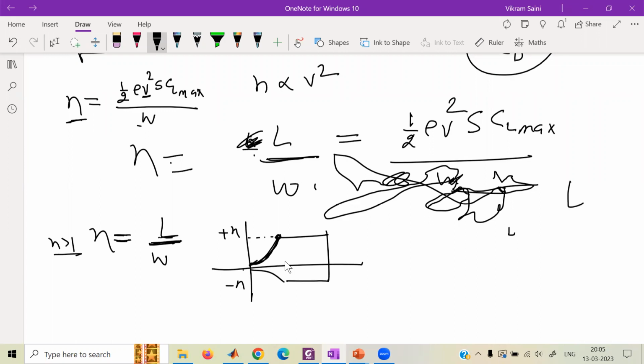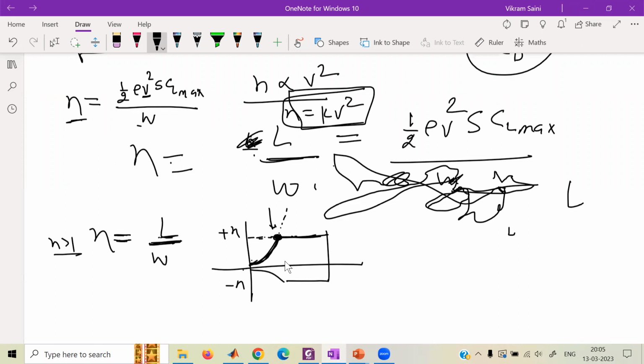Something will break. So that limit is imposed by structure. You impose that limit and cut it short; n is equal to some k v square, a parabolic curve. You truncate it here, and that velocity is called the corner velocity.